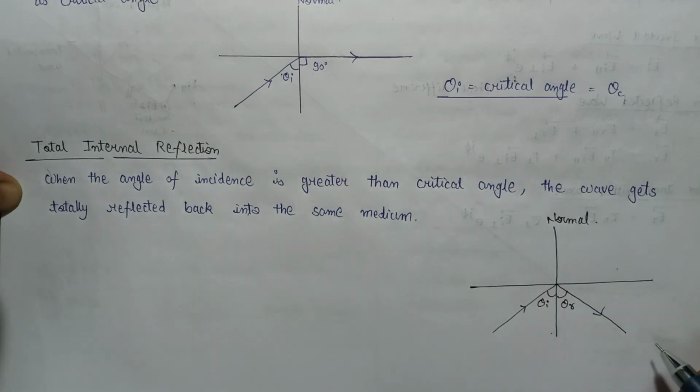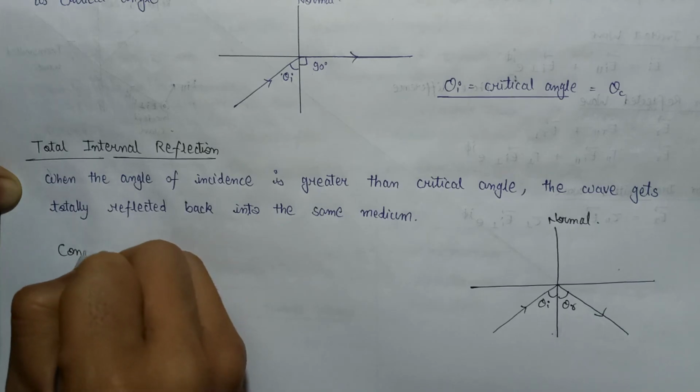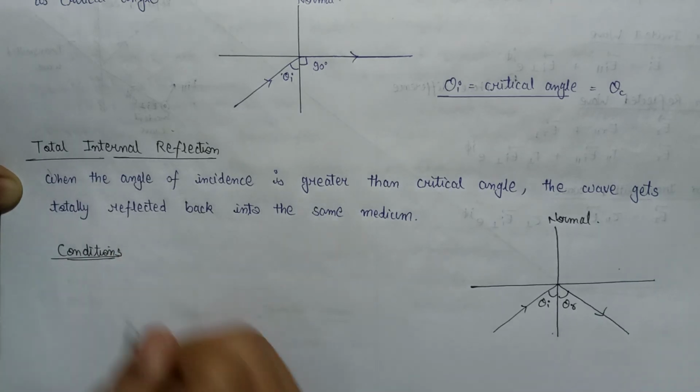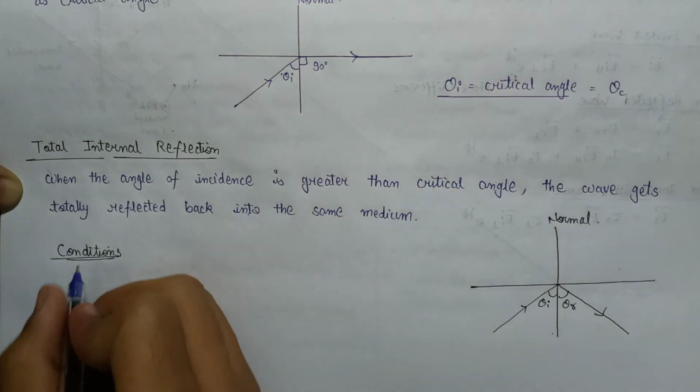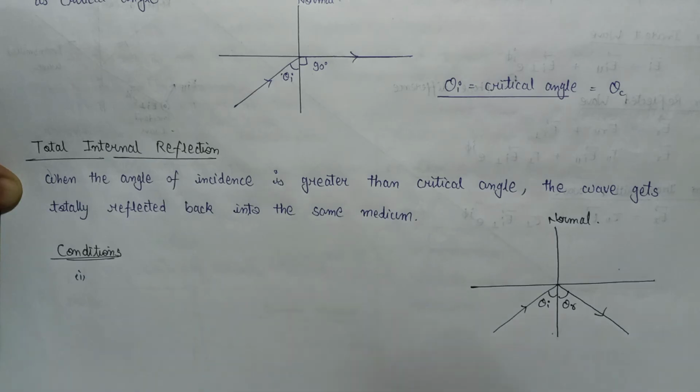Now there are two conditions associated with the phenomenon of total internal reflection. Condition number 1 says that the wave should travel from the denser to the rarer medium only.